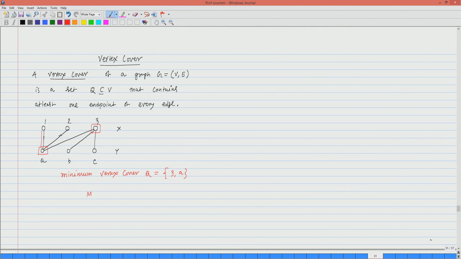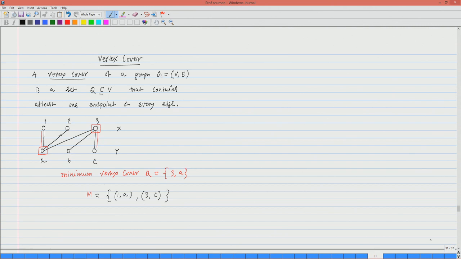So, let me consider the matching M. The matching M consists of the edges 1A and 3C. And in this example for the bipartite graph, of course, I can see that the size of the minimum vertex cover is equal to the size of the maximum matching.